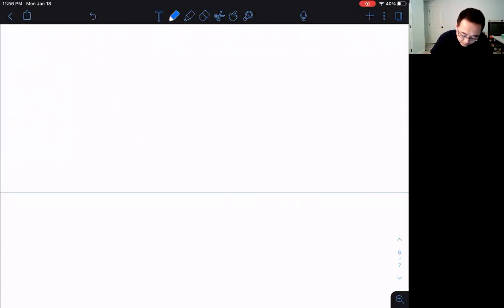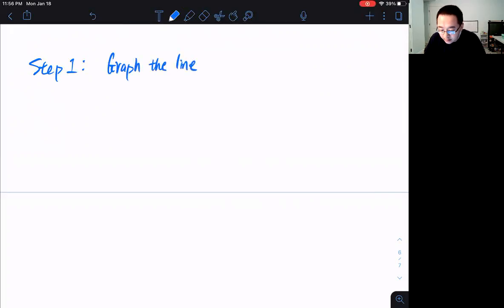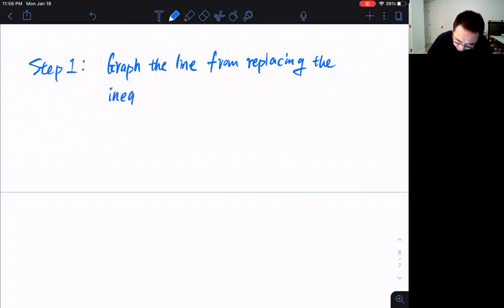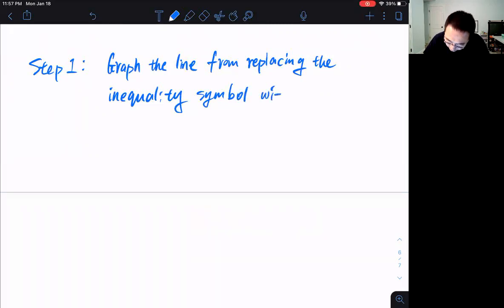Step number 1 is to graph the line that results from the inequality by replacing the inequality symbol with the equal sign.